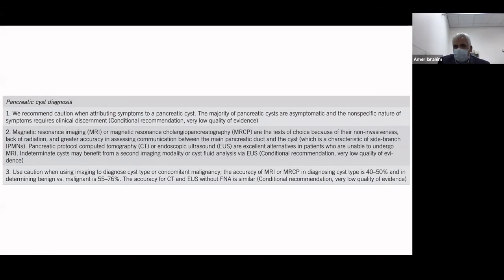The bottom line, you have a lot of experts in the world talking about how to manage the IPMN, but the honest reality, we have no clue what is the best treatment for it, because it's a new disease and we do not have enough evidence to form an evidence-based treatment for it.